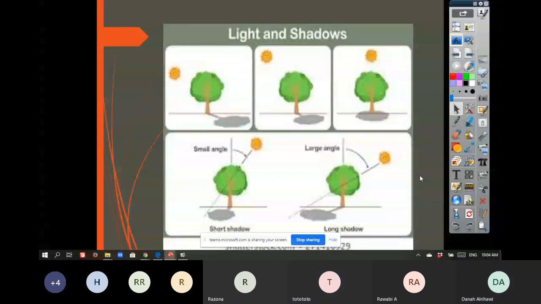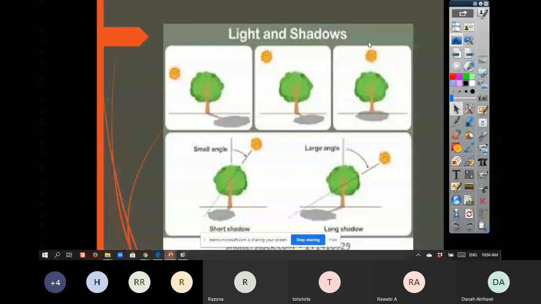No, actually, the sun doesn't move. The earth is spinning around itself. So because of the earth spinning around itself, the sun appears to move, but actually it's not. At the middle of the sky, the shadow will be shorter. Why?